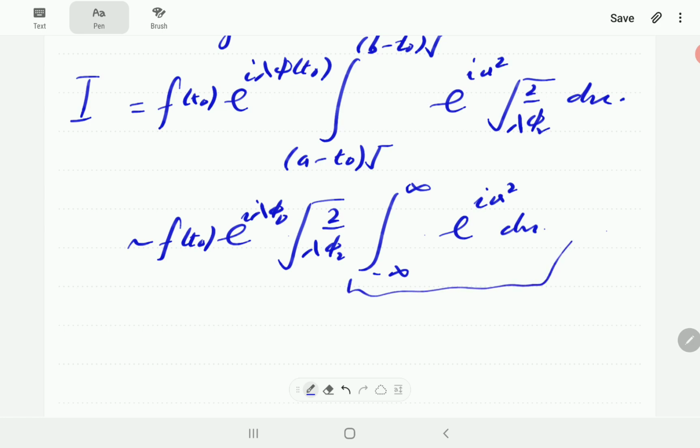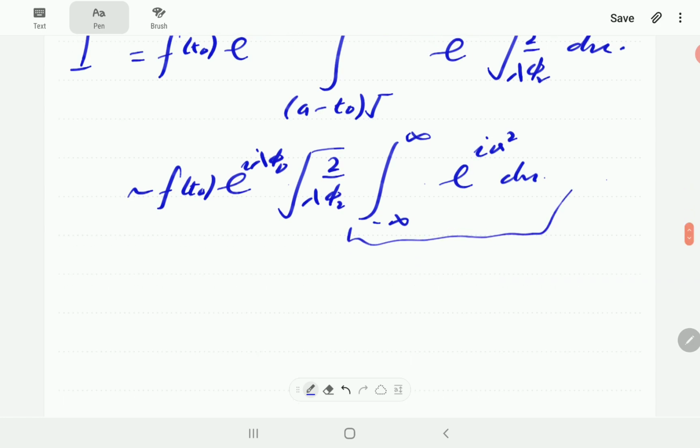And then this integral is just the integral we derived a while ago. So we know the value of that one, so we're just going to plug it in, and then we have the value of this thing.